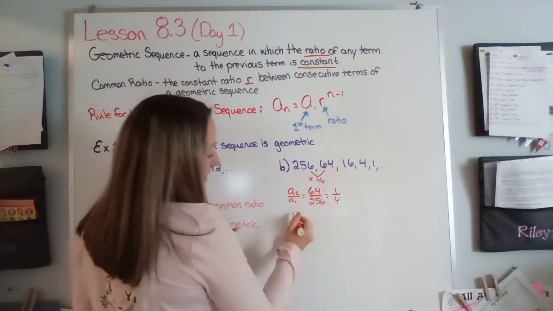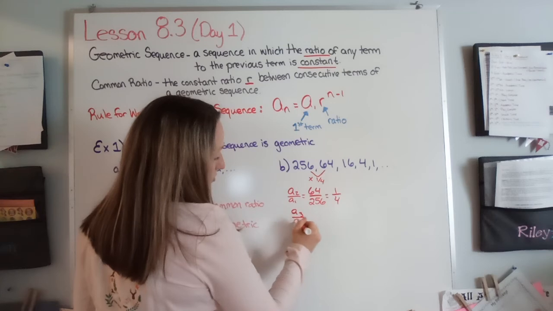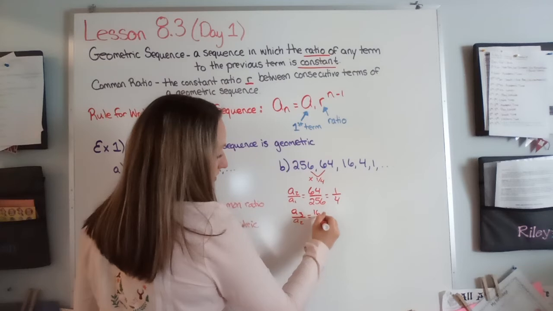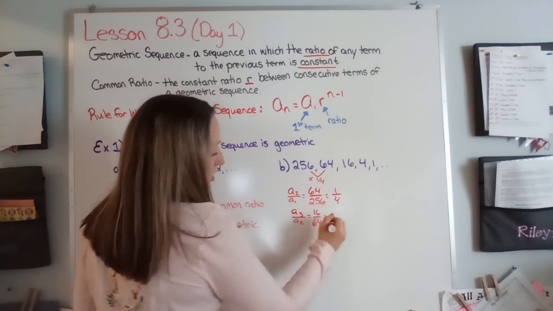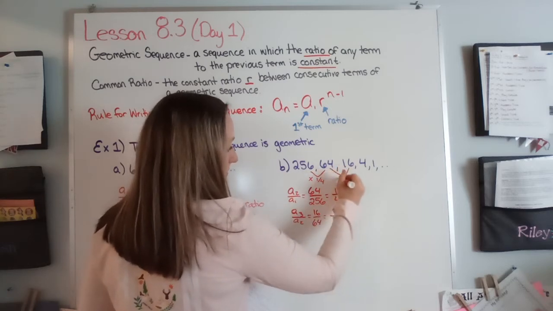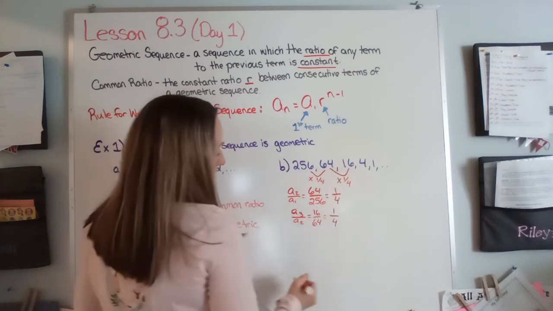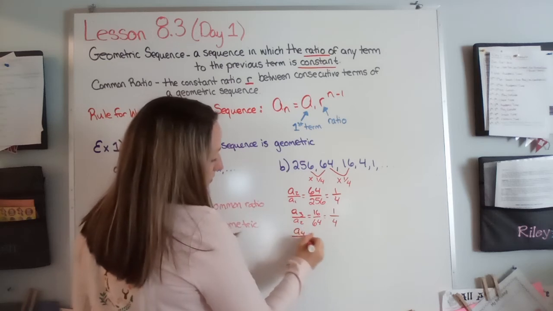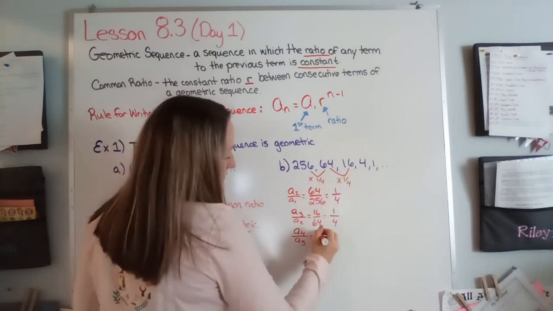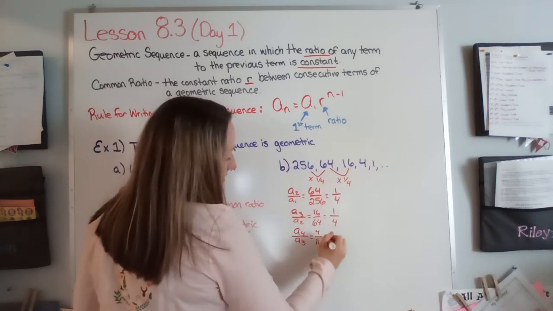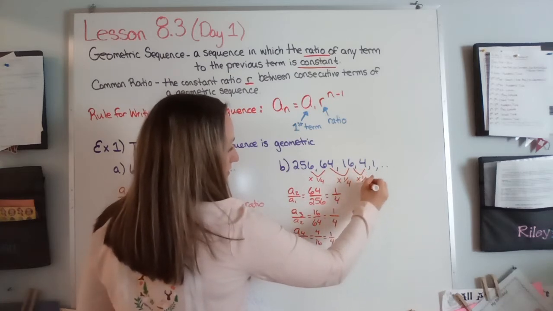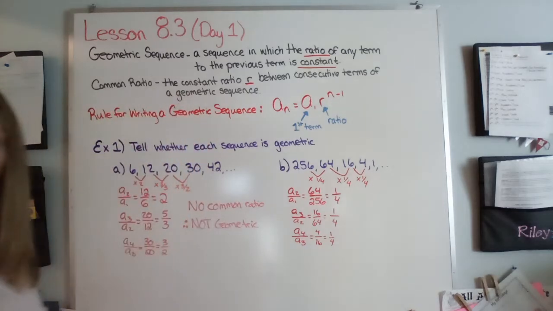Now if I set up a sub 3 over a sub 2, it's going to be 16 over 64, which also simplifies down to 1/4. So multiplying by 1/4. All right, a sub 4 over a sub 3 is 4 over 16, which is 1/4. And then the last one would also be 1/4.